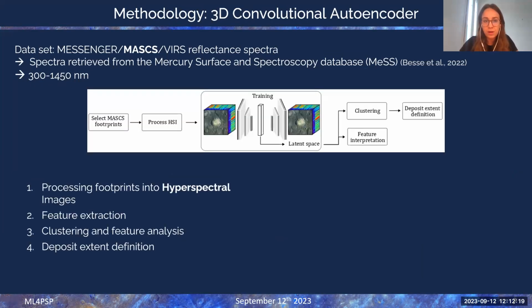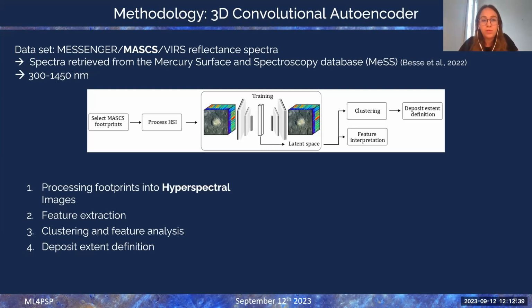I will first briefly describe the general structure of the architecture and the general idea. The objective is to inspect the data in the spectral and spatial domain simultaneously, to extract the deposit extent from them, and also to get significant features that characterize the data.